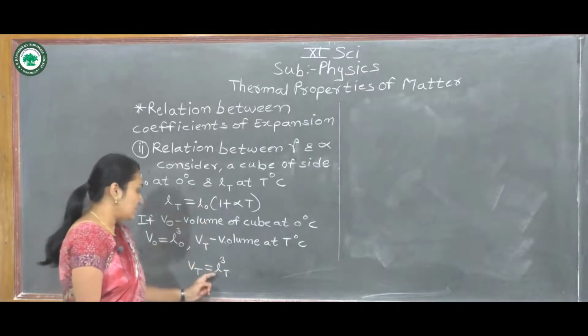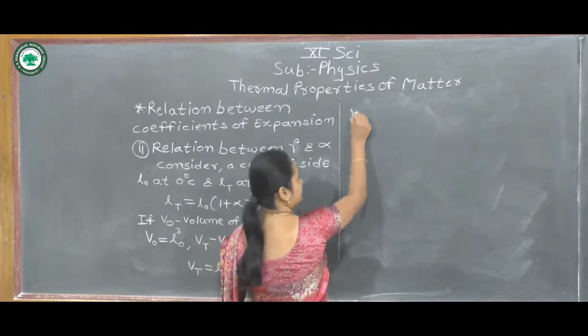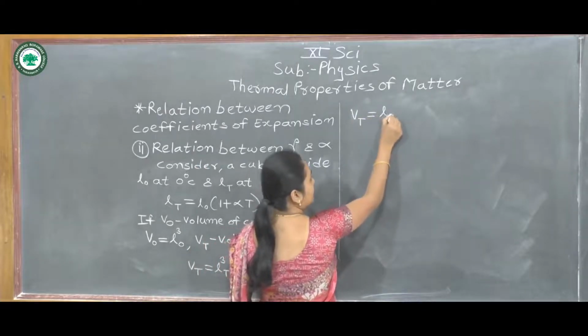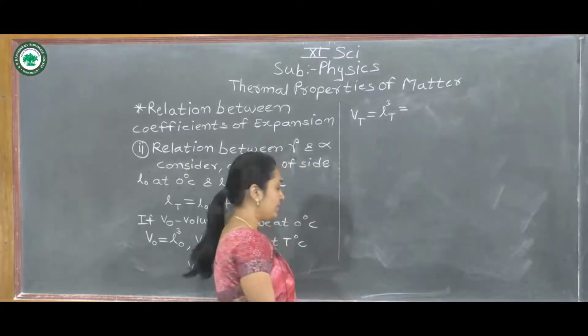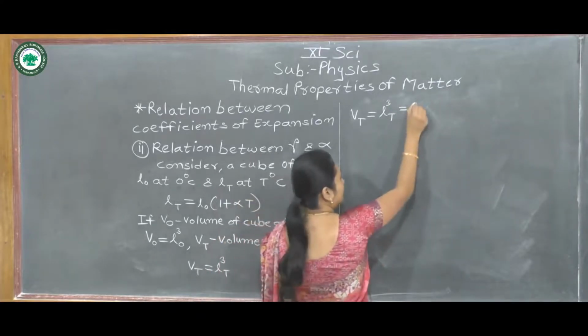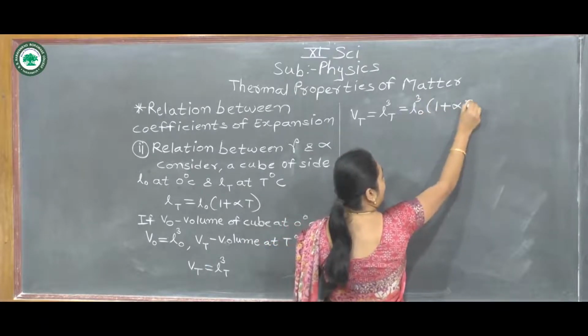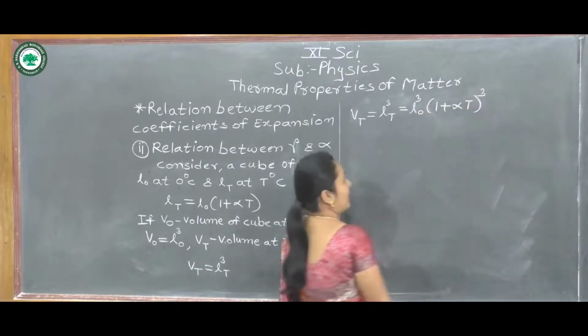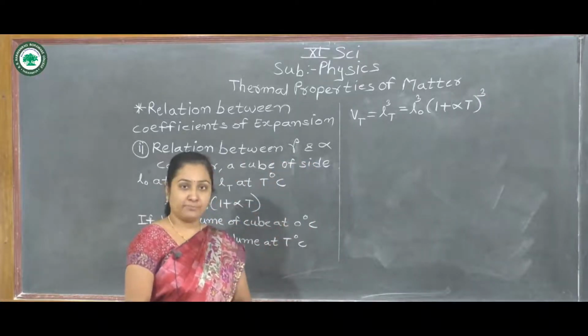So by using these two equations, we can write here Vt is equal to LT cube is equal to L0 cube in bracket 1 plus alpha t bracket raised to 3.